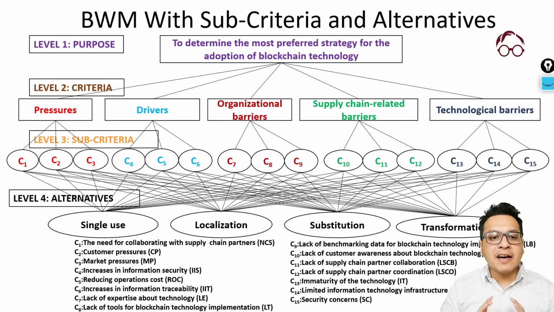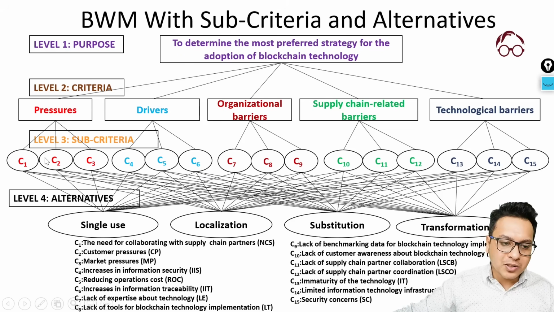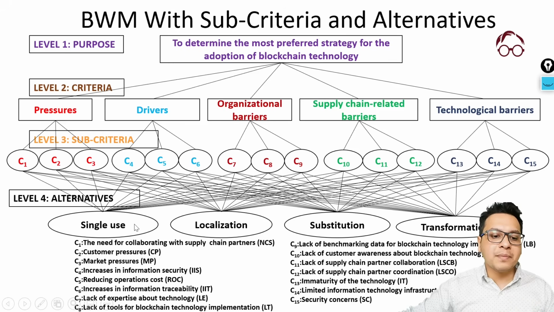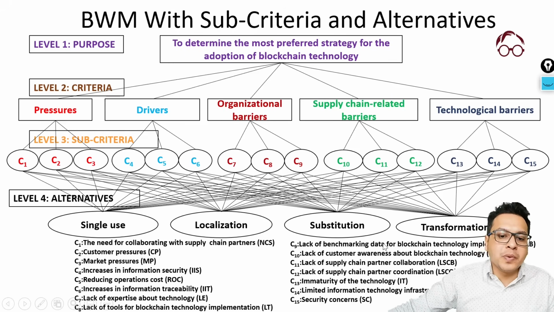But now let's have a look at a study design where we have criteria, sub-criteria, and alternatives. So here we introduced 4 alternatives: single use, localization, substitution, and transformation. So what we're trying to see, considering all these criteria and sub-criteria, is which blockchain adoption strategy we should follow. We consider 4 strategies, and out of these 4, which one should we go for?